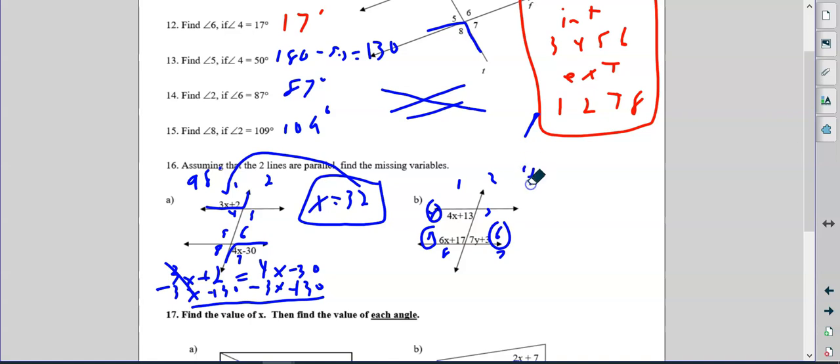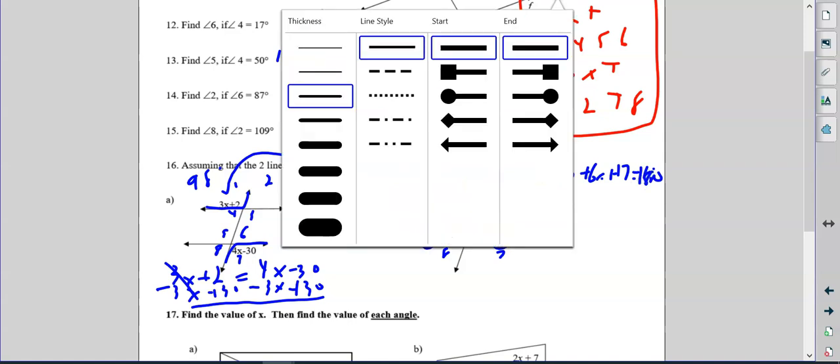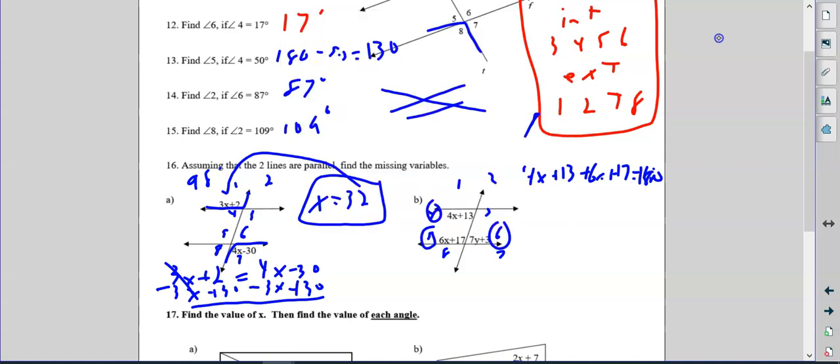That's one of those problems where I say 4x plus 13 plus 6x plus 17 equals 180. Sorry, I don't have a lot of room here. Now, remember, be careful here. Some of you are still subtracting 4x. No, you join like terms.